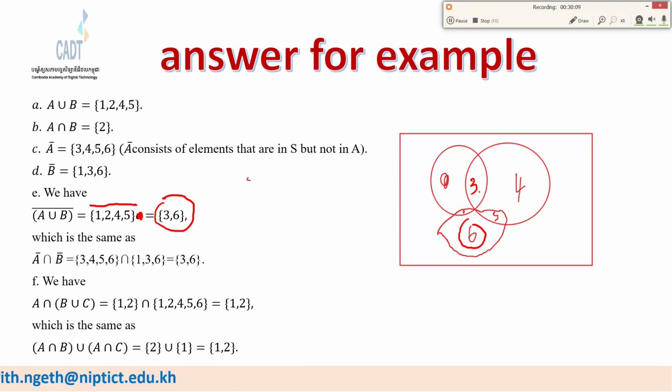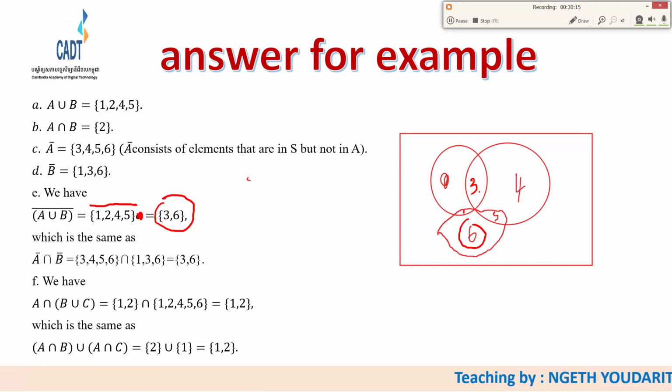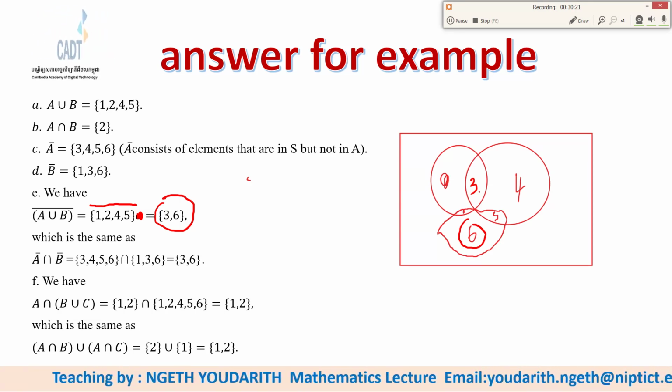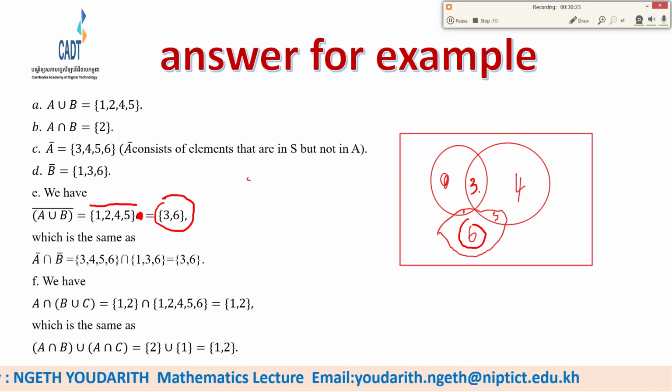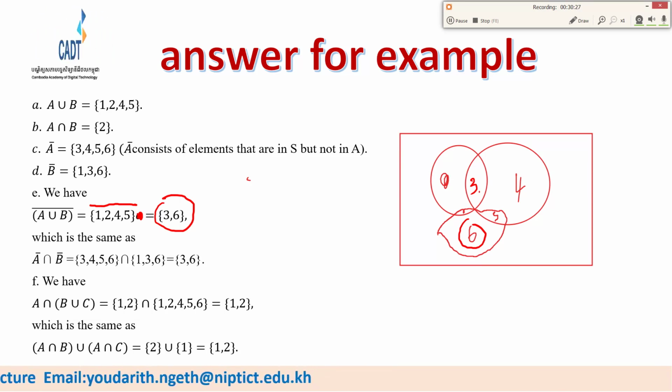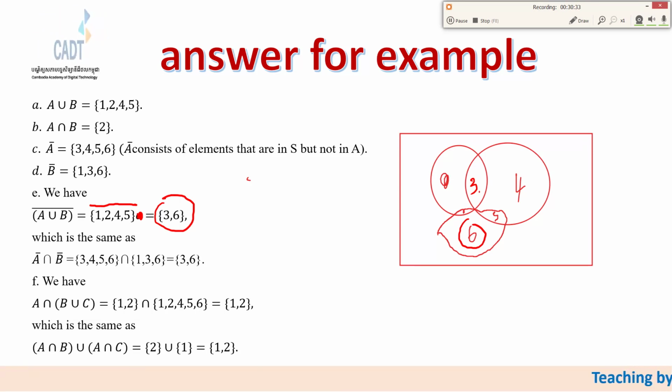This is the same for the distribution law, De Morgan law, and the complement. And all this example is related to our operations: union, intersection, the complement, De Morgan law, and distribution law.